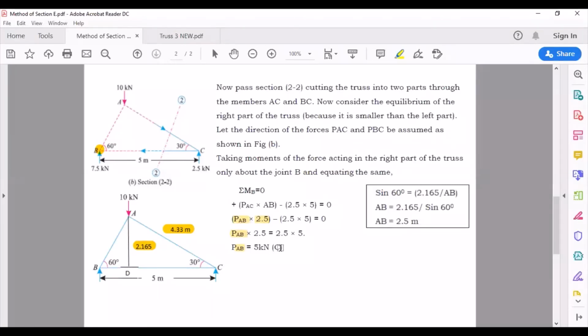So you have got the answer also with the positive sign. It is moving towards the joint C, thereby it is a compressive force. So you have calculated all the three member forces.